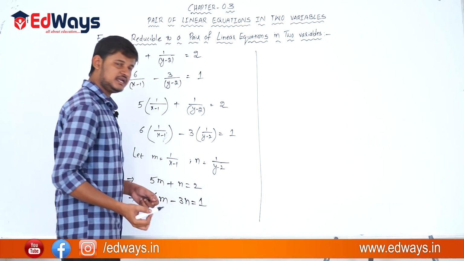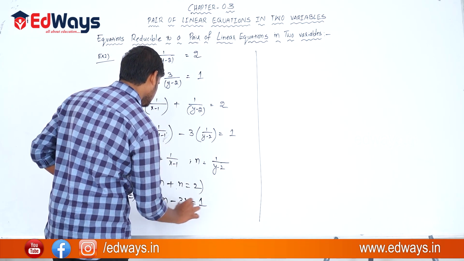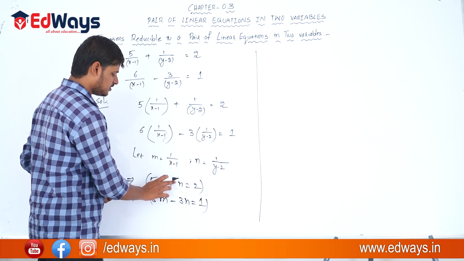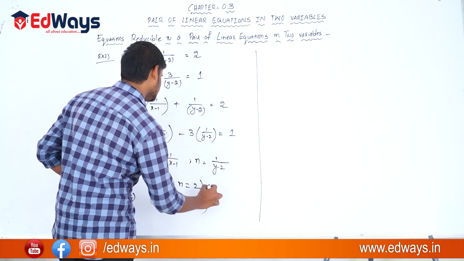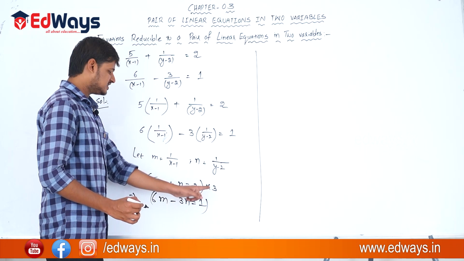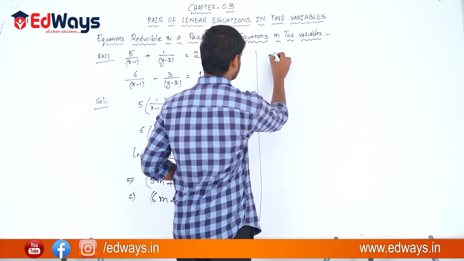So let me do it by the elimination method. For that, instead of making the m coefficient the same, I will make the n coefficient the same. It's easy, right? I just have to multiply the above equation with 3 so that it will become 3n. So let's do that. Let me write those equations here.